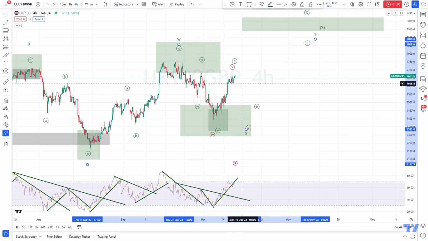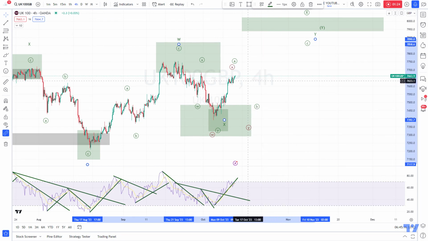And the other possibility was that the wave X here is in, and we started our wave Y up, but then as an ABC. So a wave A up, a wave B down, followed by a wave C up.